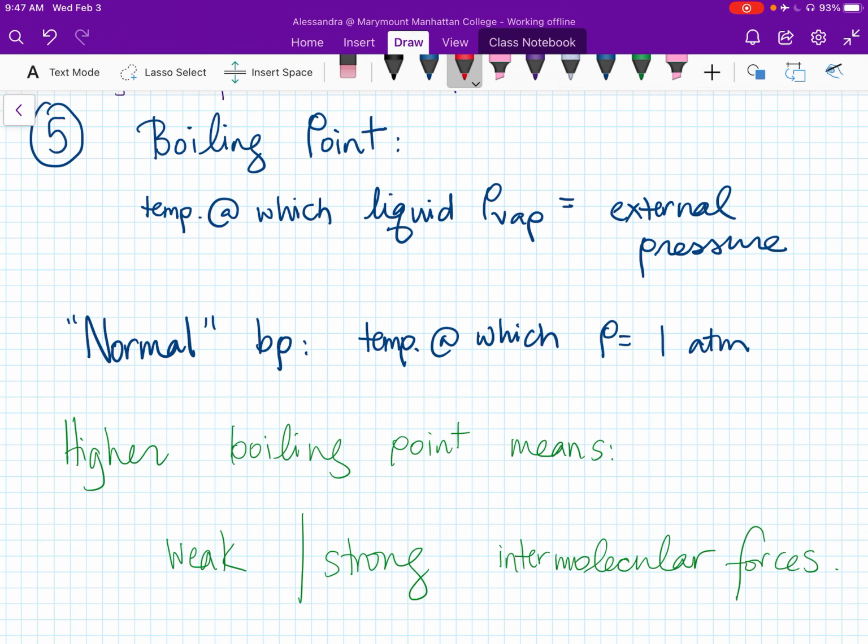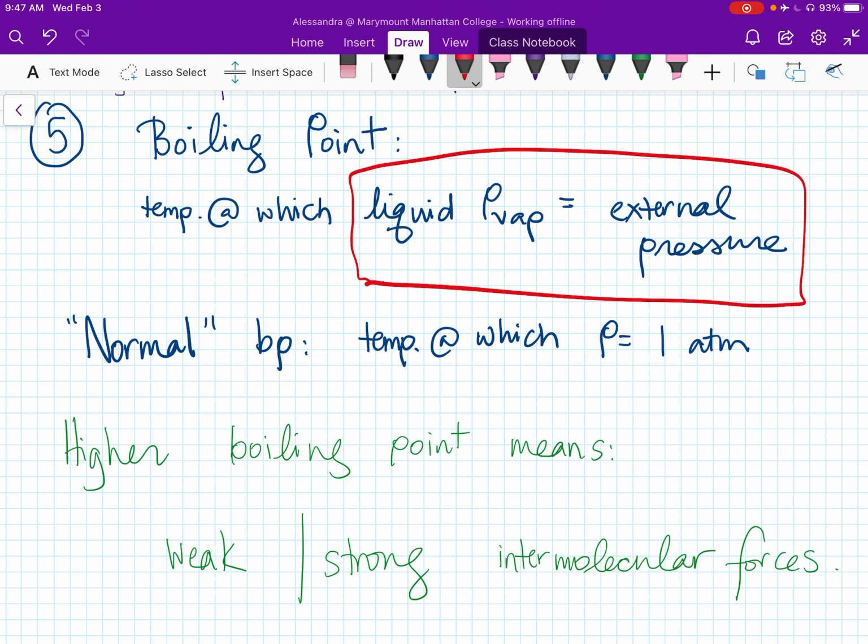And that's a pretty good way to think about it. It's actually an equilibrium concept where you have a temperature where you have molecules going in both directions. So the technical definition of boiling point is the temperature at which the liquid vapor pressure is equal to the external pressure.